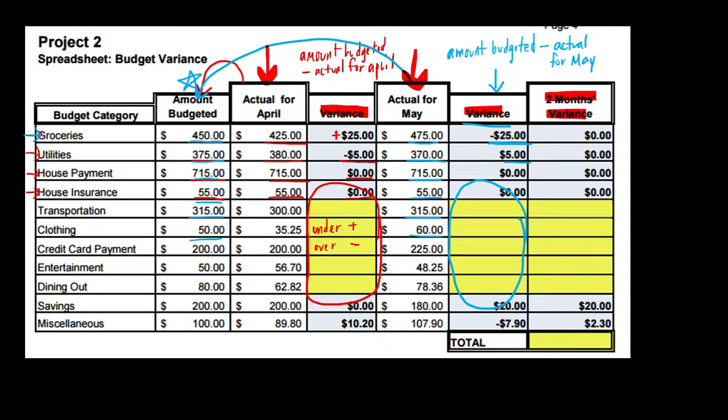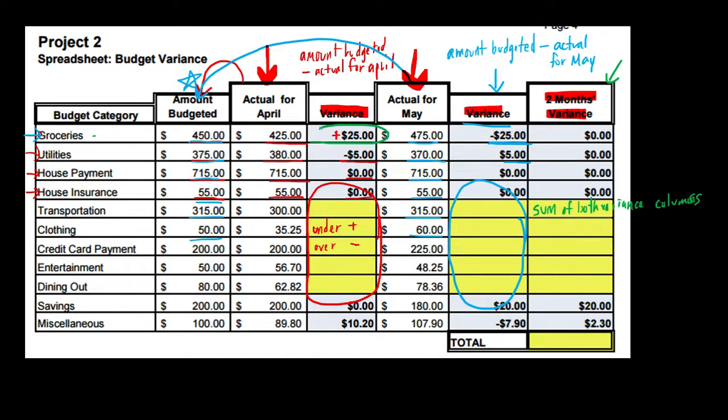So next comes a column called 2 months variance. This is where this person has decided that they want to figure out, on average, what's happening with their variance. So all you have to do to find 2 months variance is take the sum of both variance columns. If you'll notice here, let's look at groceries again.